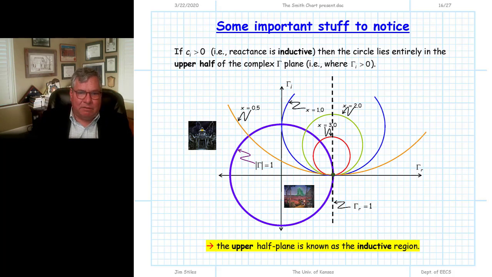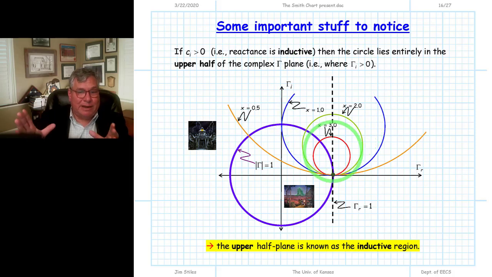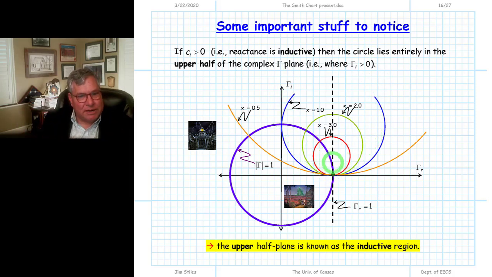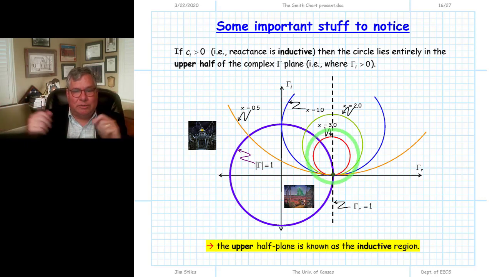All the circles that exist there correspond to reactances that are positive, in other words, inductive. What happens as the value of x increases from 0? What we find are a couple of things. One is that the radius of these circles will diminish. Remember, as x goes to infinity, the radius must, in fact, diminish to 0 as it approaches the open circuit point. And therefore, conversely, as x becomes smaller, approaches 0, then the radius, in fact, will start to expand.